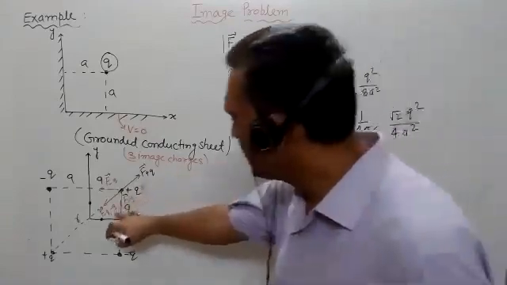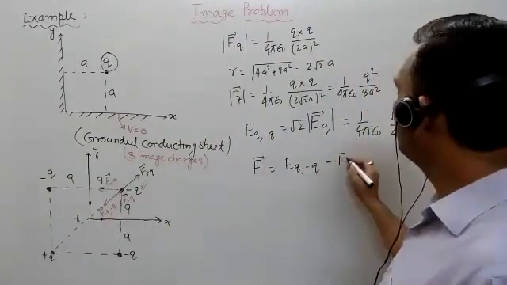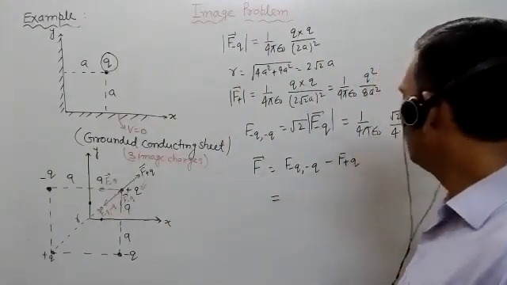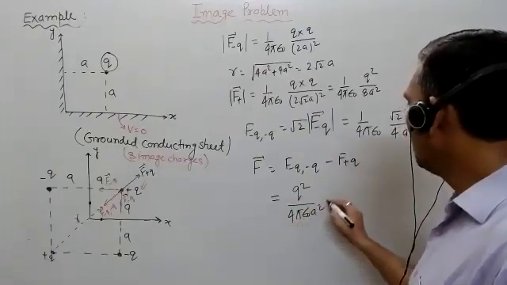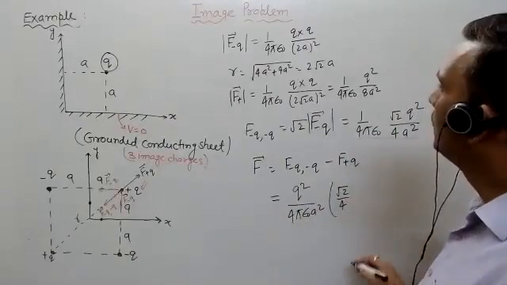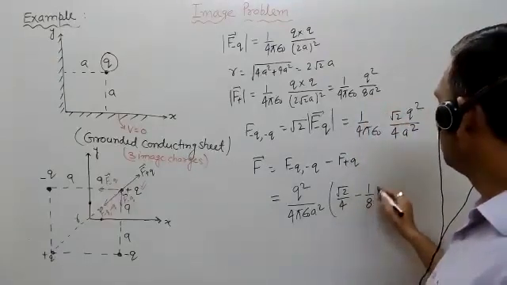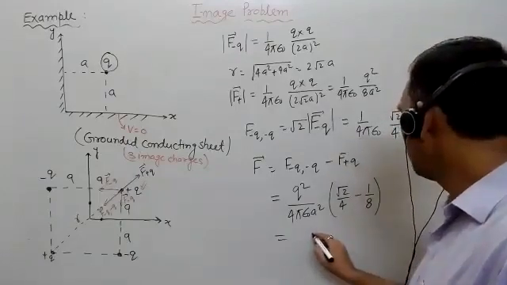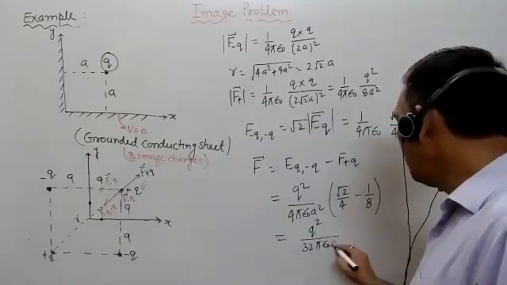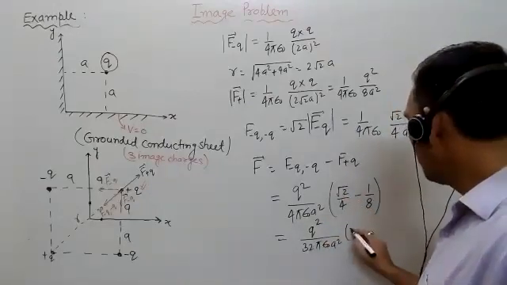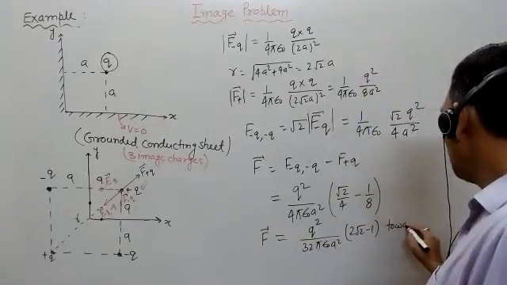So now what will be the resultant? You will see F minus Q is greater. So the resultant force is F minus Q minus F plus Q. So this will be Q square by 4 pi epsilon naught a square, common, root 2 by 4 minus 1 by 8, or you can write this as Q square by 32 pi epsilon naught a square, take 8, multiply with 2, so you will get 2 root 2 minus 1, and this force is towards the corner.